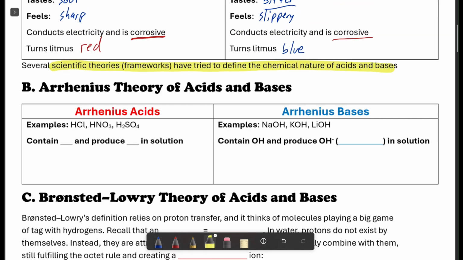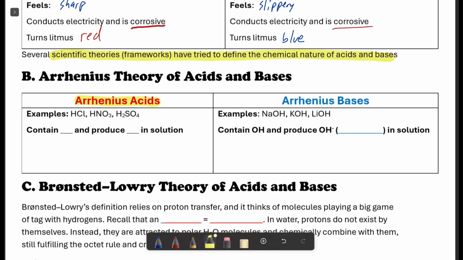Okay, Arrhenius acids. This is named after Svante Arrhenius, a Swedish scientist in the 1800s. Basically, Arrhenius defined an acid as something that contains hydrogen and will produce H+ in a solution.